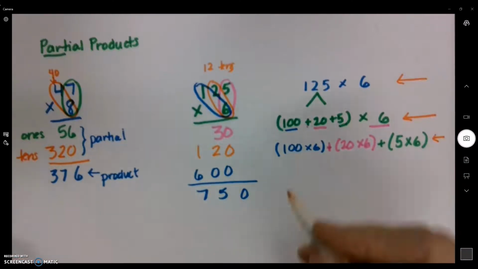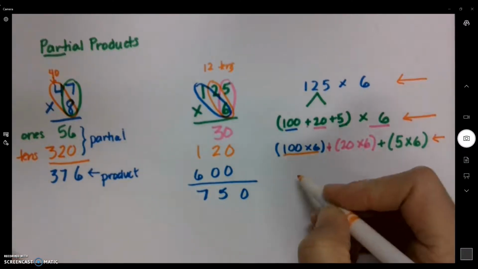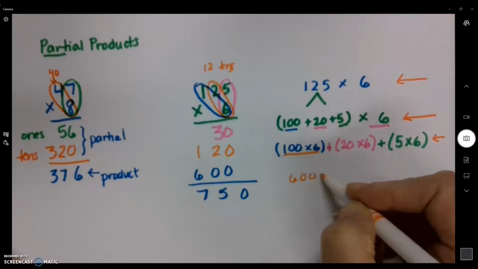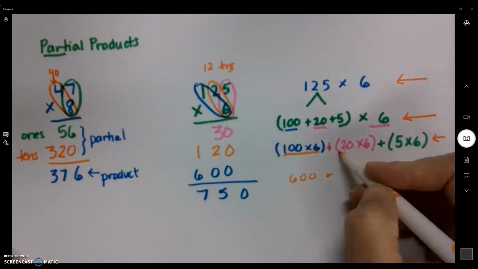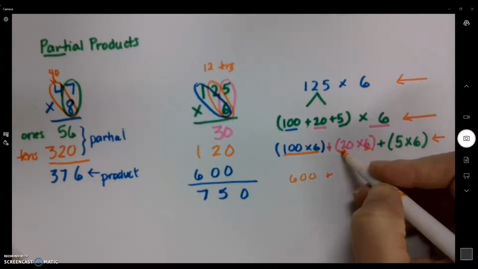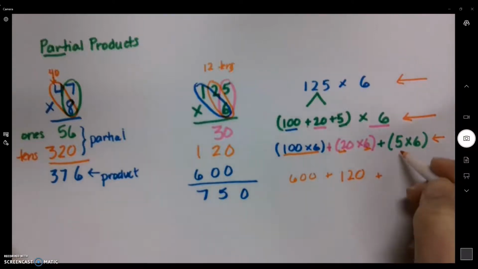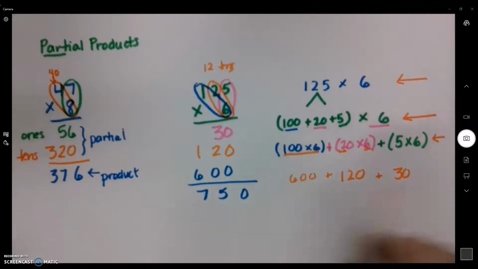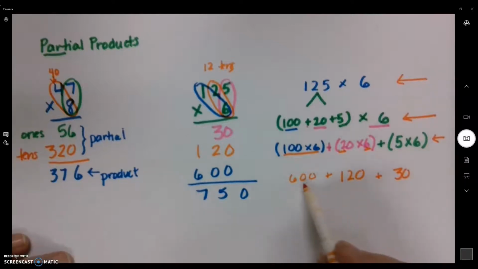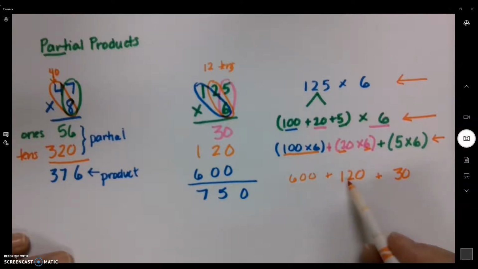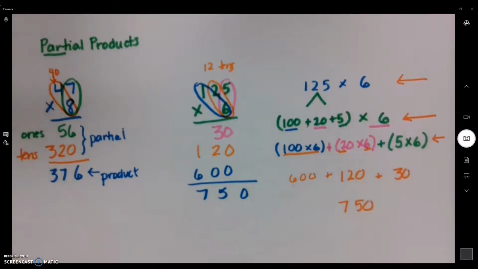Now to finish solving this, I'll go ahead and 100 times 6 is 600. 20 times 6, well, I can think of that as 6 times 2 tens, and that's going to be 12 tens. And then 5 times 6. I can solve this one mentally. 600 plus 120 is 720. 720 plus 30 is 750.